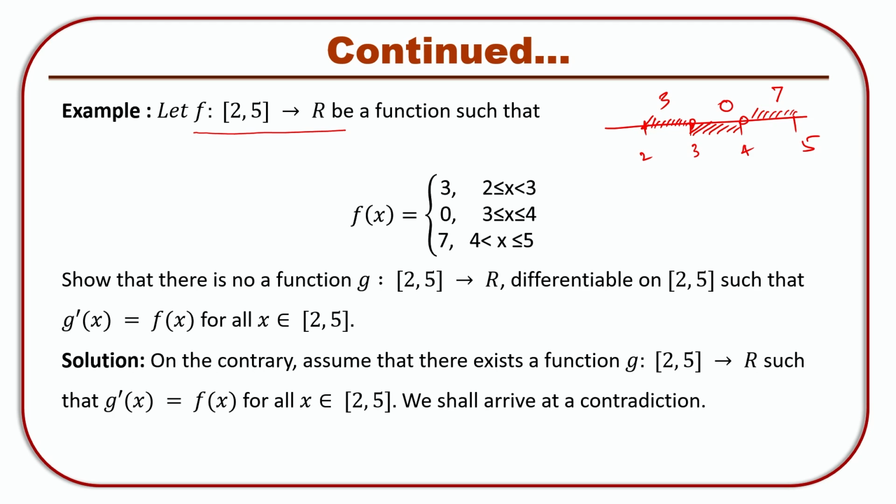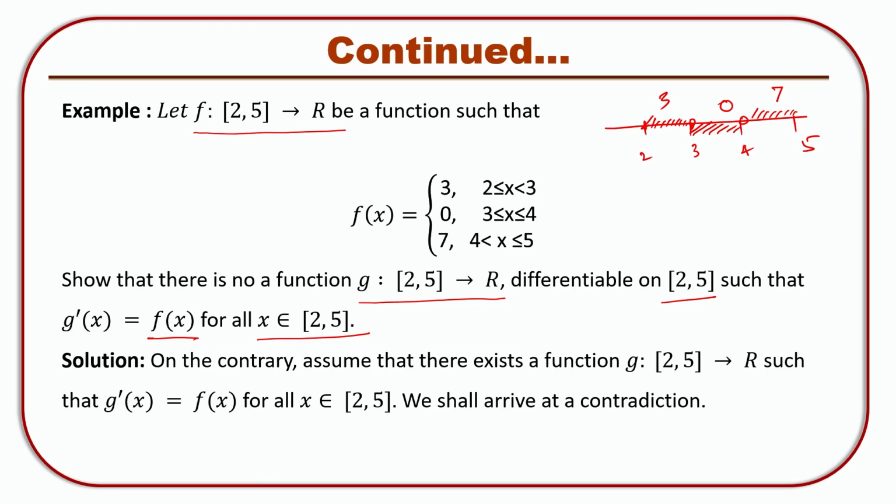That is given. So, f(x) takes finite values in piecewise intervals, so that there is no function g from [2, 5] to R, differentiable on [2, 5], such that g dash is equal to f(x) for all x belonging to [2, 5]. So, I have to prove that there does not exist any function g in such an interval [2, 5] such that g dash of x equals f(x), right.